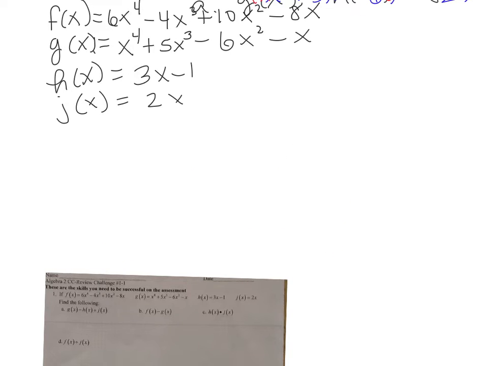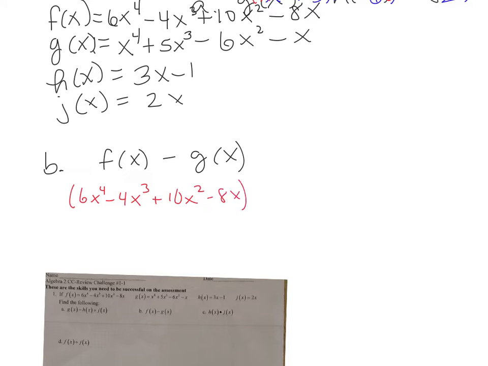Okay, so B is f of x minus g of x. So you got to make sure you put it down in that order. f of x has to come first. So that's 6x to the fourth minus 4x cubed plus 10x squared minus 8x, close the parentheses, minus, and now put g of x: x to the fourth plus 5x cubed minus 6x squared minus x, close parentheses.